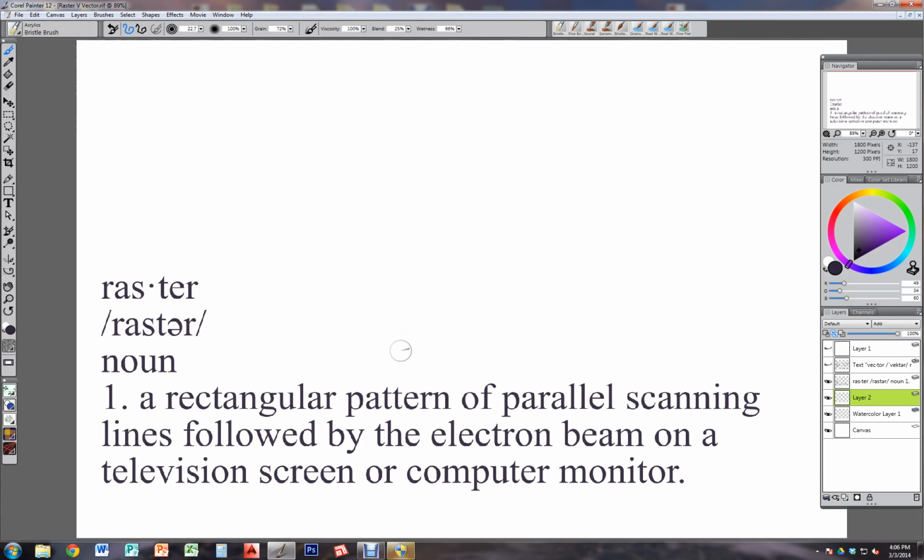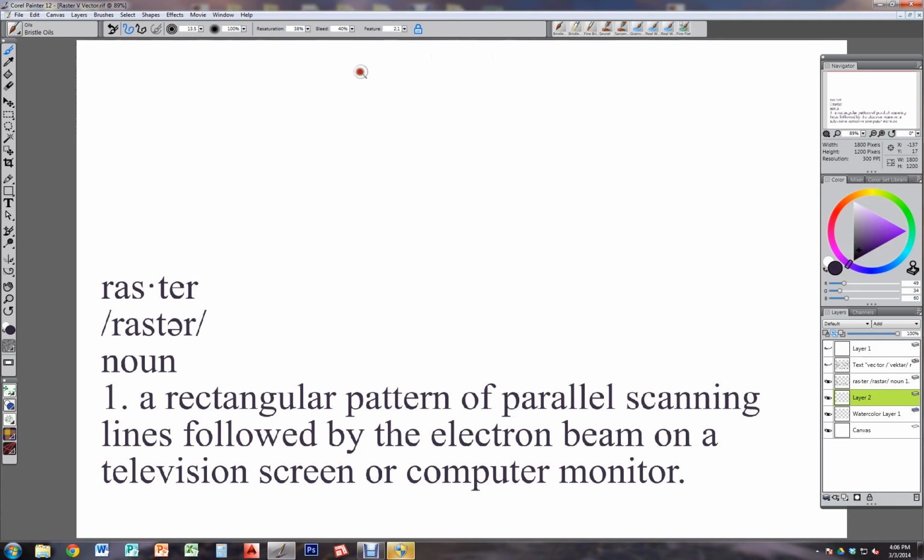So what that means is that it's the way that television screens and computer screens project pictures: they project a single color in a square that is a pixel for the entirety of a screen, right?